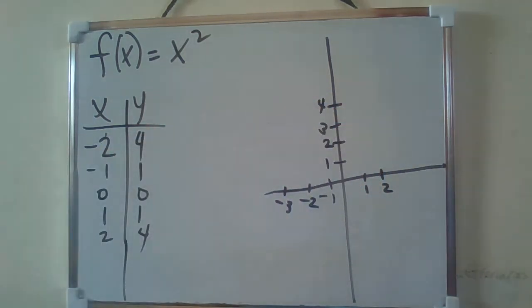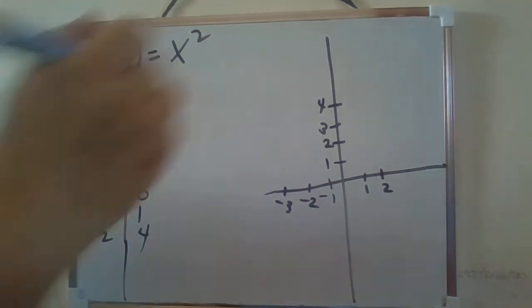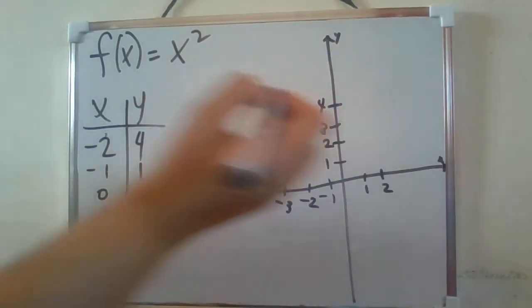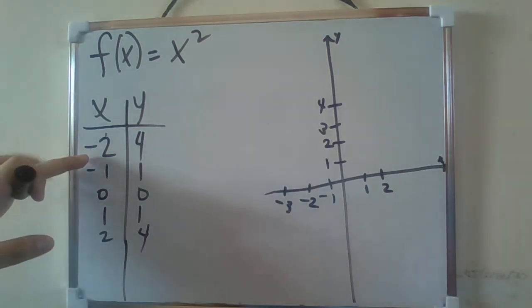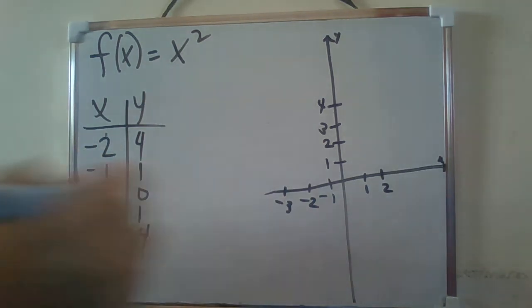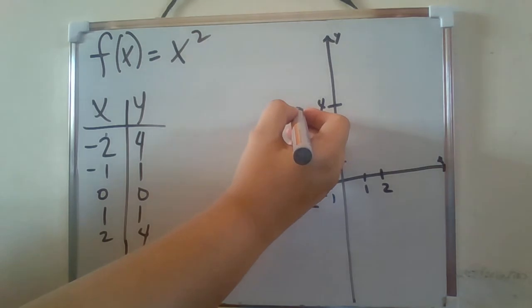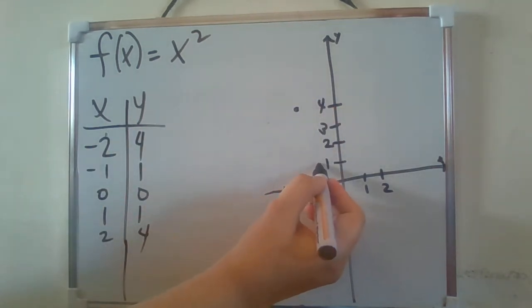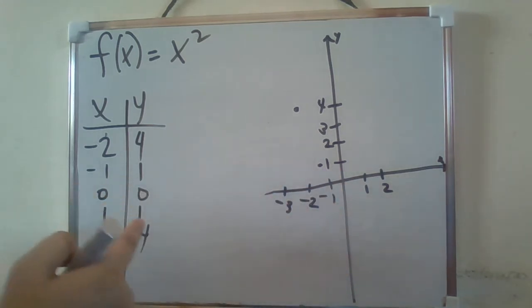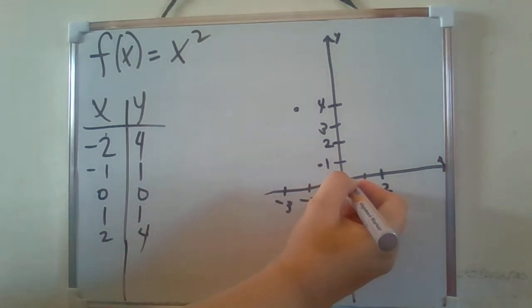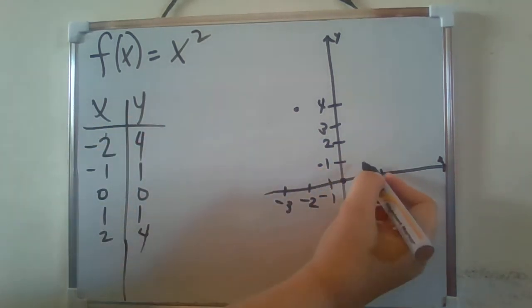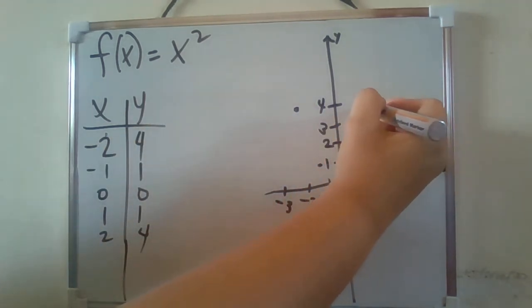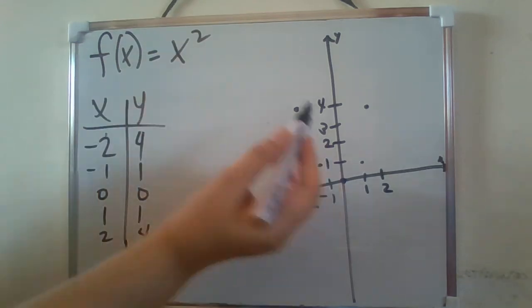So, this one is your y, your x. Ipa-plot natin to: negative 2, 4. Negative 1, 1. 0, 0. 1, 1. Then 2, 4. At magko-connect tayo.